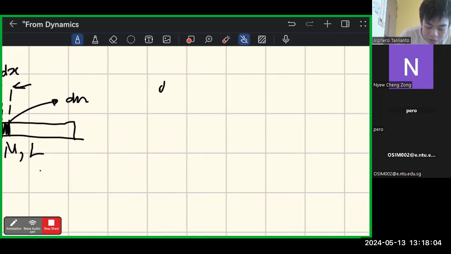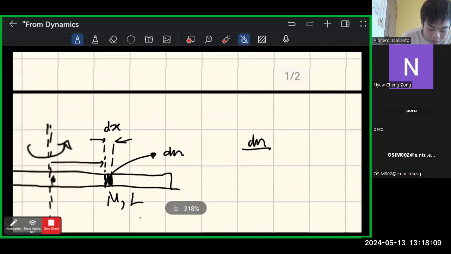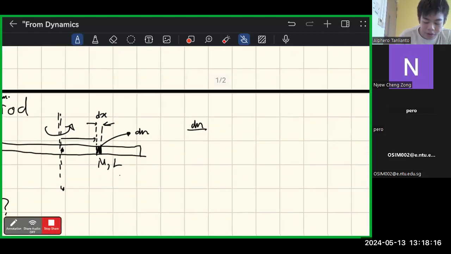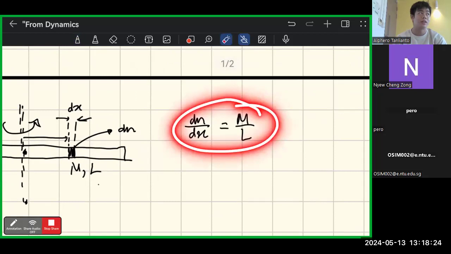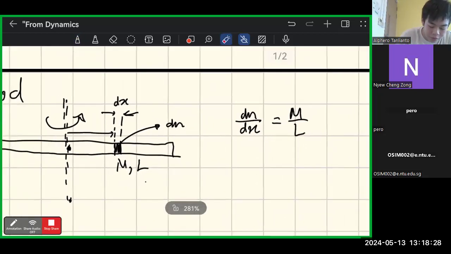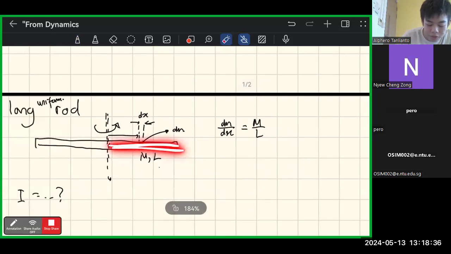We have to note that this is a uniform rod, right? We can say that dm per dx equals m over L, which is like a density, but a length density. So if you have half of the length of this rod, the mass will be half of its actual mass. It's the same thing.